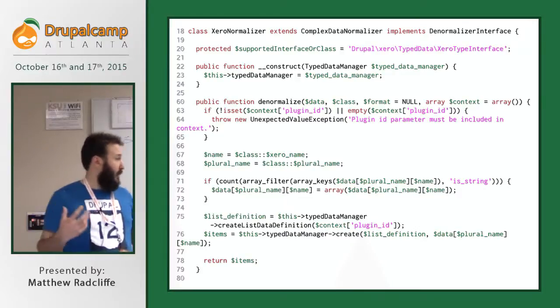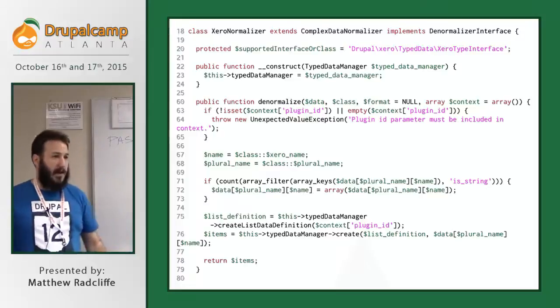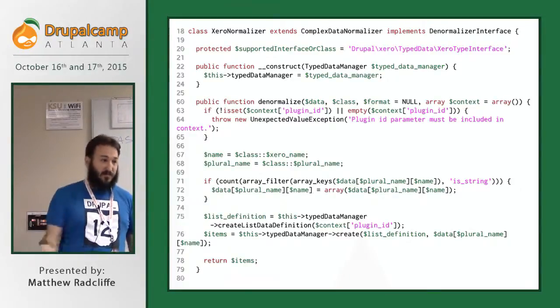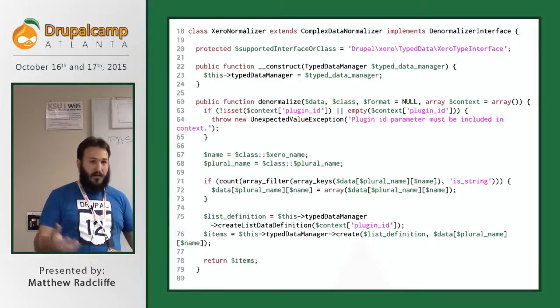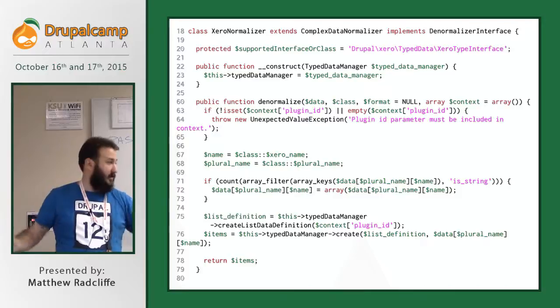And that gives me a list data definition, because I don't just want one payment. My API returns an array of payments or something. So now I have a definition for an array of my data type.